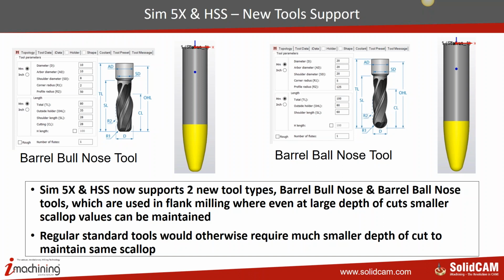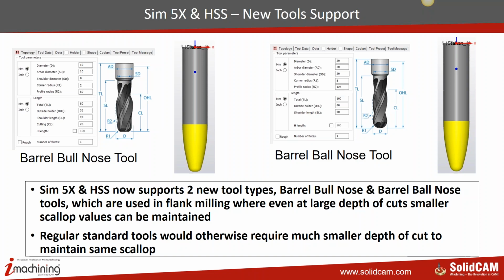When you have such a high radius on the flanks, and you're using this flank to cut a part, you can take a much bigger downstep or side step and generate the same scallop that you would get by using a simple ball nose.